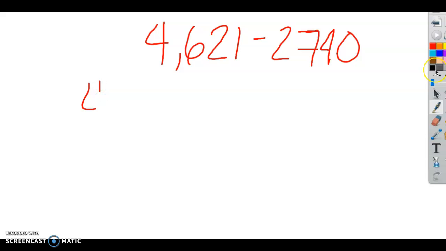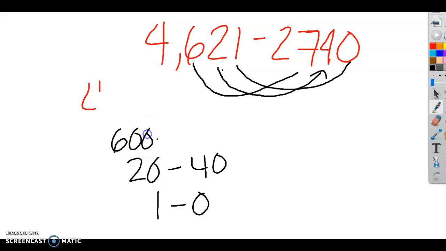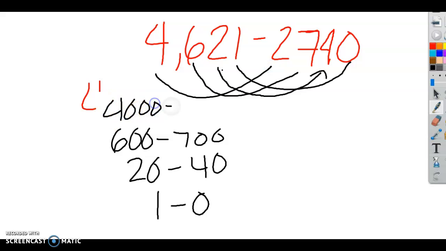We're going to set the problem up, and we're going to start with our ones place. So we got 1 minus 0. Then we got 2 more. That's not a 2, that's a 20. 20 minus what? Good, 20 minus 40. Then we got 600 minus what? Good, 600 minus 700. Then we have 4,000 minus 2,000.